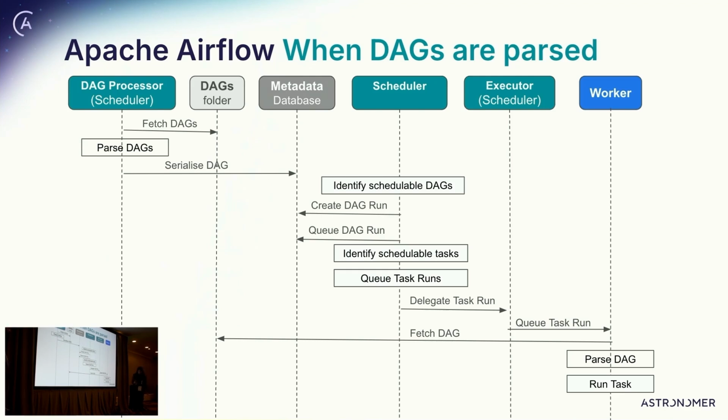But what I didn't realize is that while the DAG processor consumes the DAGs from the DAG bag, serializes them and stores them in the metadata database, that serialized representation is not used by the worker nodes to understand what the DAG is. So currently, as of Airflow 2.10, every time a worker is going to run a task, it actually has to reparse the DAG.